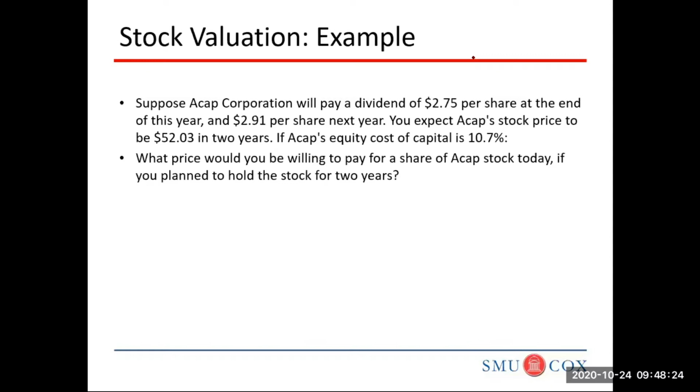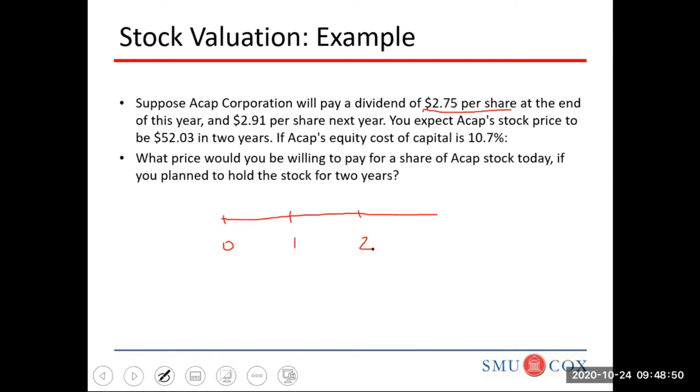Suppose a corporation will pay a dividend of $2.75 per share at the end of this year. So let me draw a timeline. There are only two periods. There's now, period 0, then 1 is the end of this year, and 2 is the end of the next year.